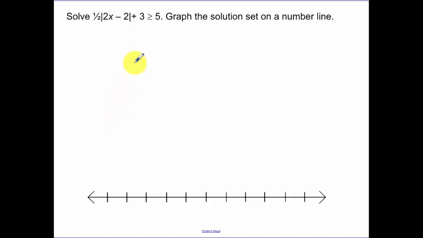So our first real example: make sure you isolate the absolute value. So I'm going to first add 3. I'm sorry, not add 3, subtract 3 from both sides. So when I subtract 3, I get a 2. I'm going to multiply both sides by 2.